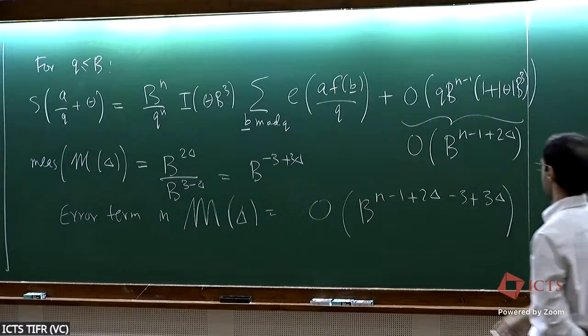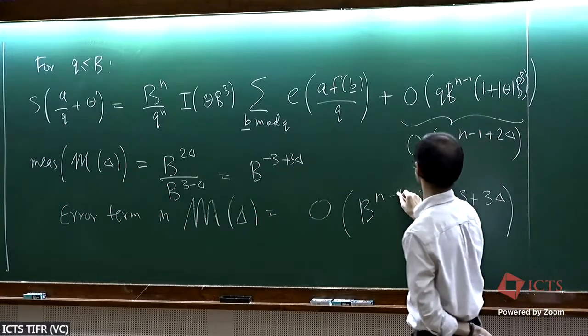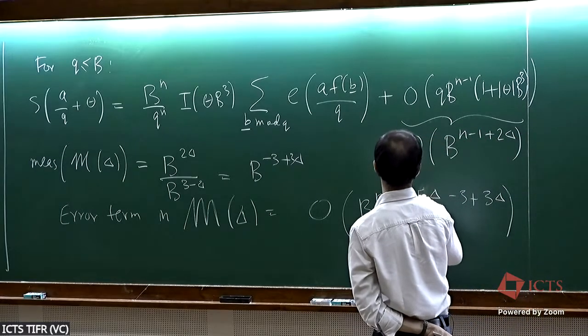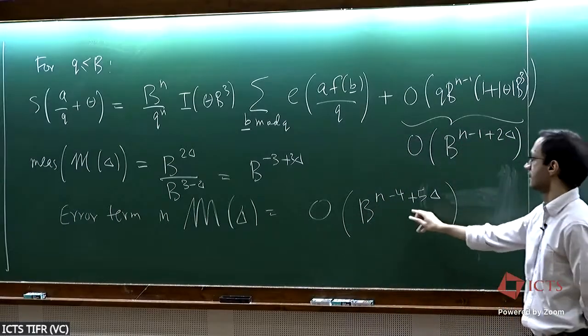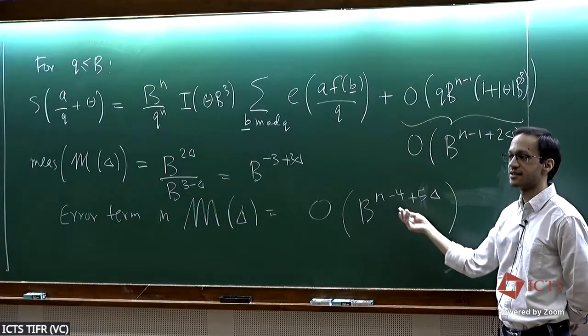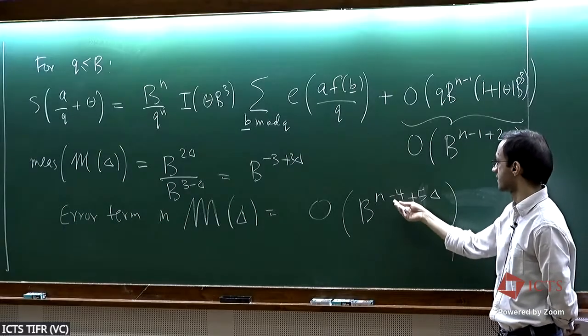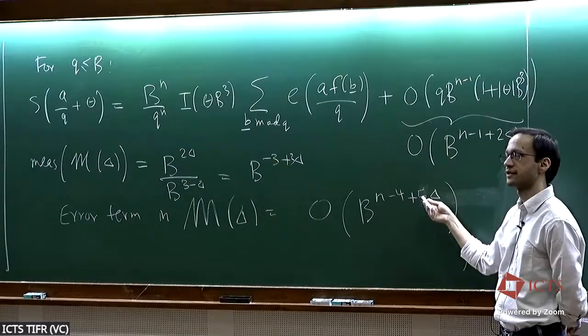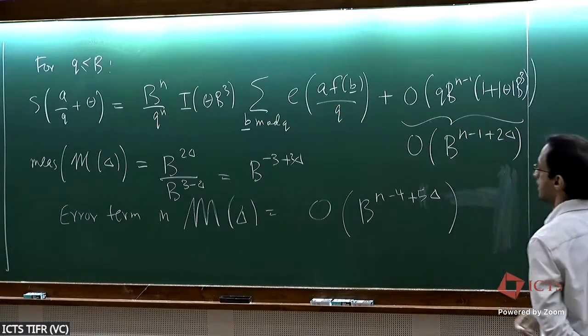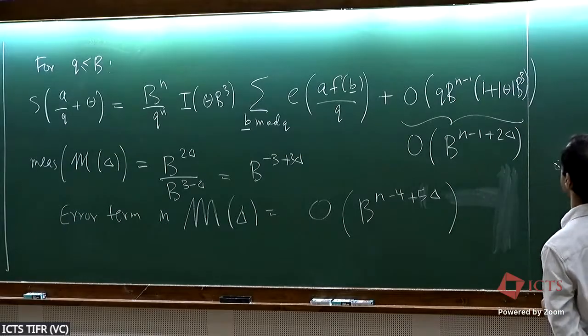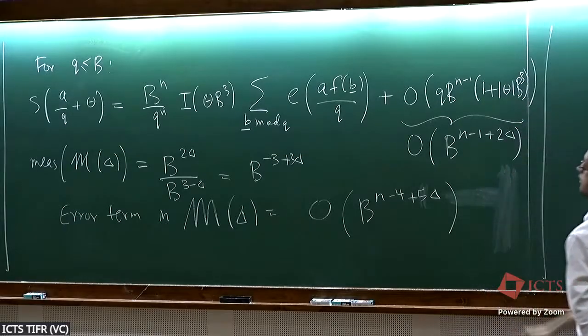So this is n minus 4 plus 5 delta. And so that also kind of tells us how big delta can be, because you want to beat n minus 3. So over here, this is n minus 3 plus 1 plus 5. Yeah. So delta has to be at most 1 over 5, for example. So you can't go beyond that. So we'll choose delta to be even smaller.